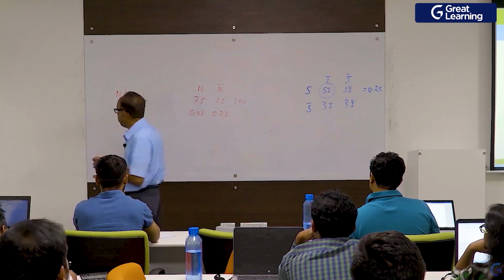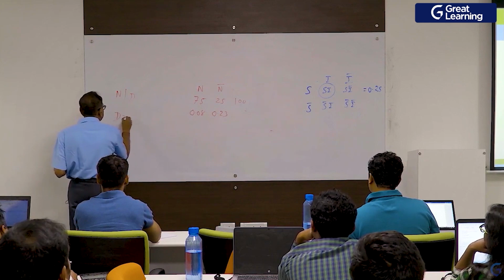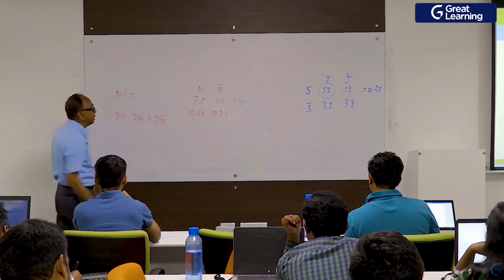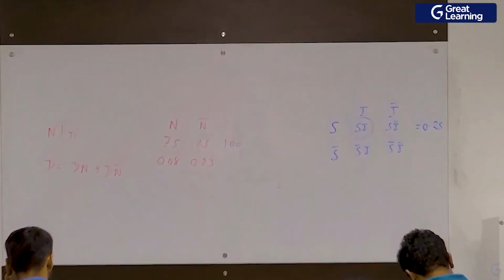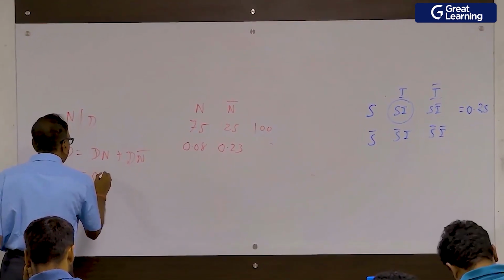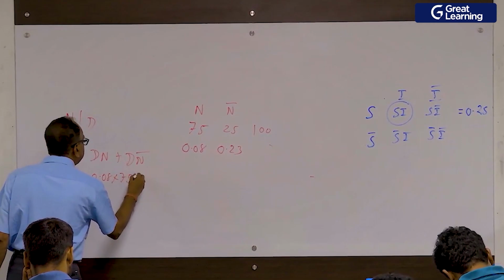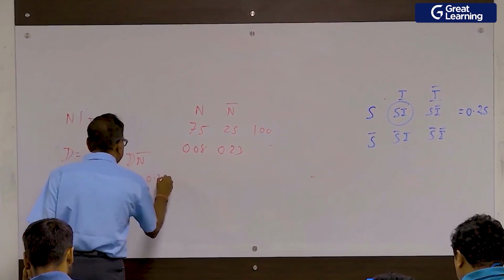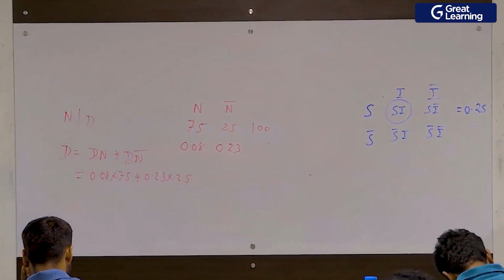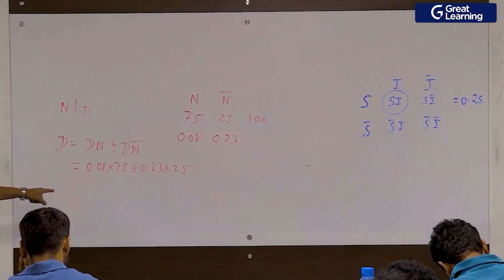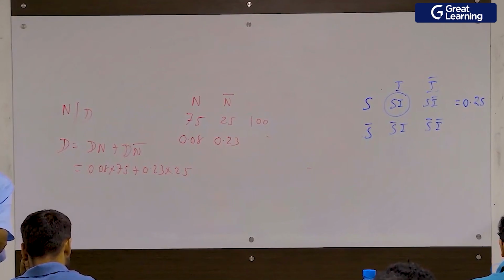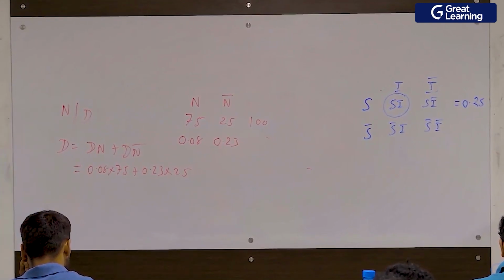So if I write defective is equal to defective from the new machine plus defective from the old machine, which is equal to 0.08 into 75 plus 0.23 into 25. You agree? This is the definition of defective. Boolean: defective occurs with the new machine or defective occurs with the old machine. Association.